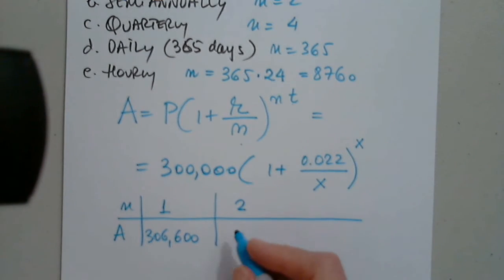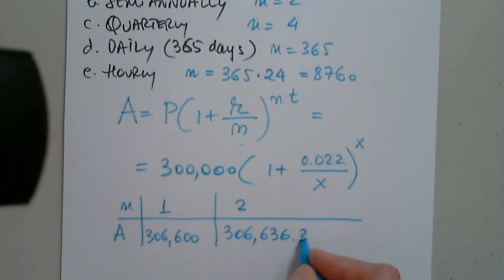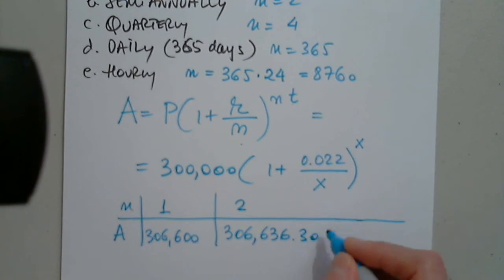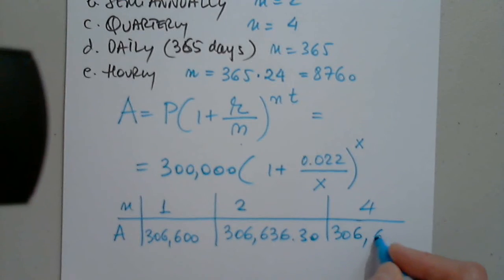See, the digit appears now, 306,636.30. Scroll down. For 4, 306,654.65. We round up. We want cents, and 4 and 9. So 4 is here, 9 is next. So if this number is 5 or more, I have to increase the 4 to 5.